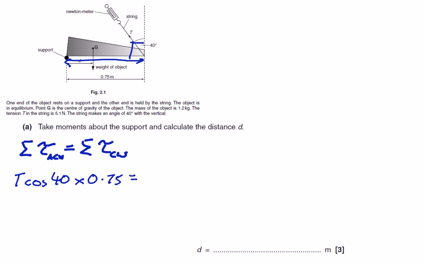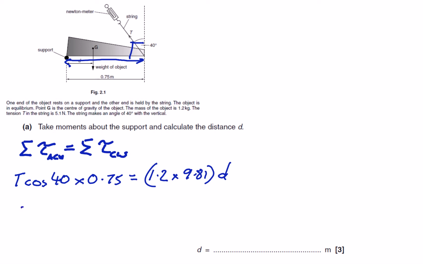0.75, and that's going to equal the weight of the object, which it gives us the mass, which is 1.2 kilograms, so I need to multiply that by 9.81, and that is all going to be multiplied by d. It tells us that T is 5.1 newtons, so let's substitute that in.